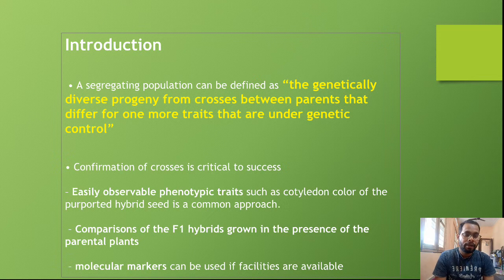It will produce the F1. After the F1 we will self it, or we can also cross with a distant species or a different genotype. So after that what will happen? We will get F2. In F2 we will get different types of genotypes.